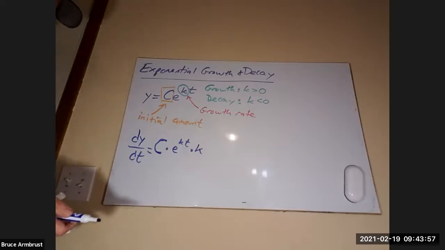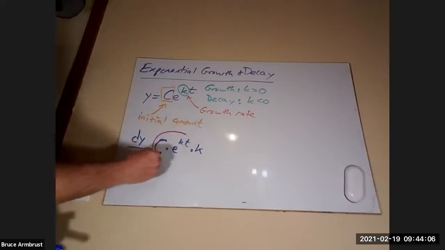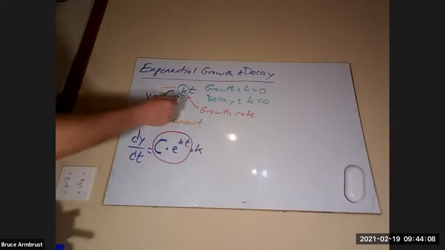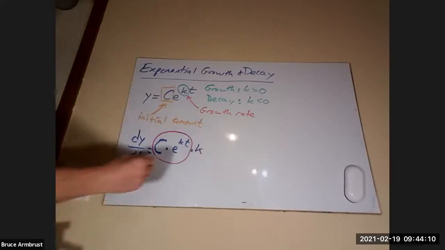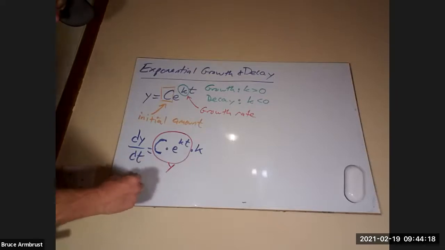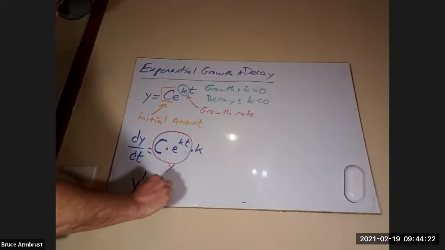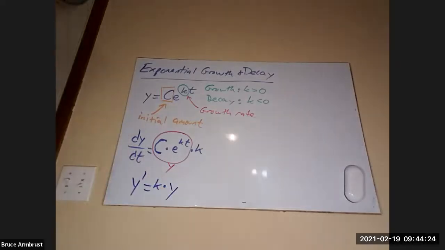All right, but check this out. That C e to the kt, that was what we started with. That's just y. So it turns out that with exponential growth and decay, what we have here is y prime equals k times y.